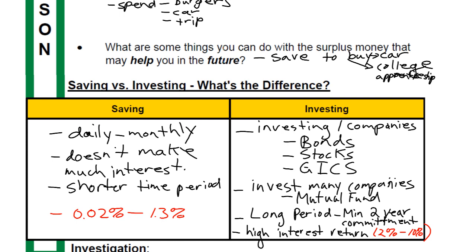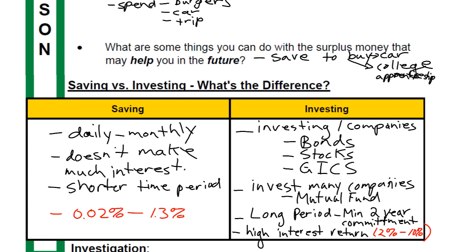These investments usually take a minimum of 2-year commitments in order to get interest, i.e. a return. And the interest return on these things is anywhere from 2 to 10%.